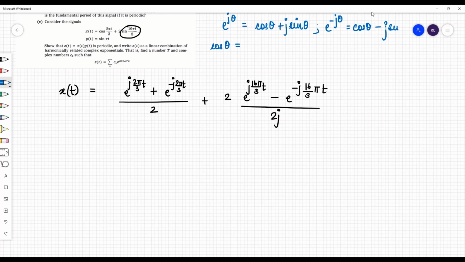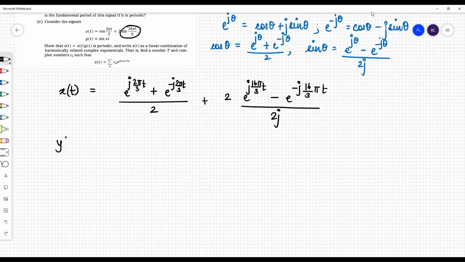So minus j sine theta. So these are two linear equations in terms of cos theta and sine theta. So we could rearrange always and find that cos theta is e to the power j theta plus e to the power minus j theta by 2, and sine theta is e to the power j theta minus e to the power minus j theta divided by 2j. Okay, that's how I wrote this expression.